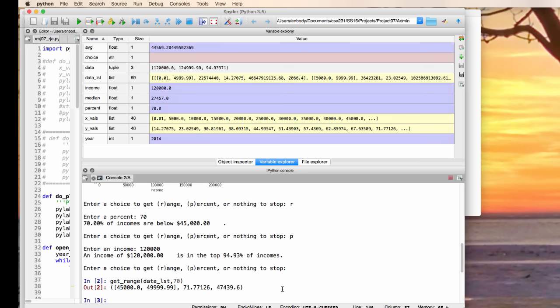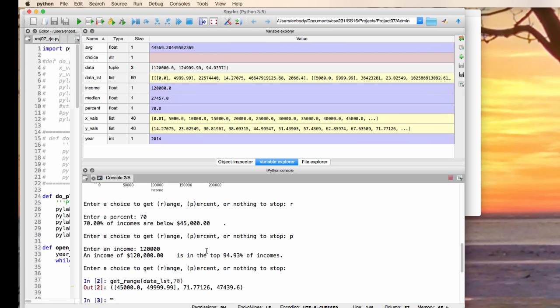This number that comes back here is pretty much a row of the columns. We're starting from 45,000 going up to basically 50,000, and it's 71%. Since I asked about 70%, we know that 70% will be below 45,000. So that's why I printed that particular value.